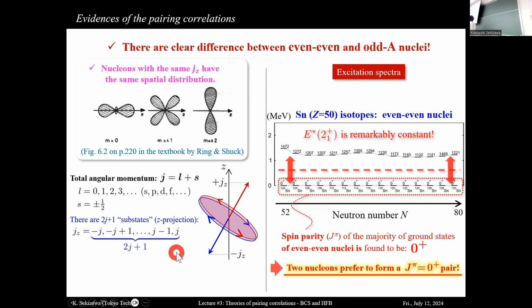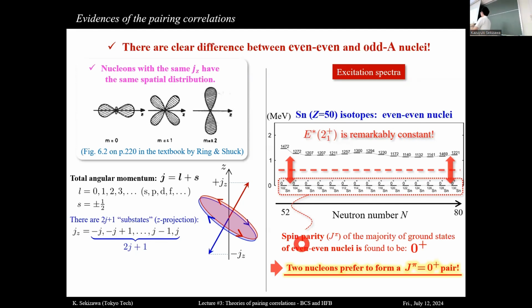It means that the length of this vector is the same, J, but it can change the orientation, changing the projection JZ. Now, in the case of spherical nuclei, those energies are degenerate because the potential is spherical, so it doesn't depend on this orientation.